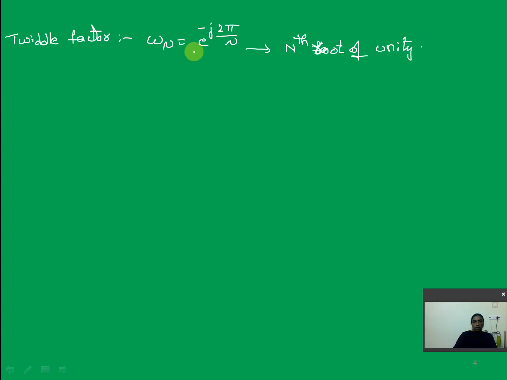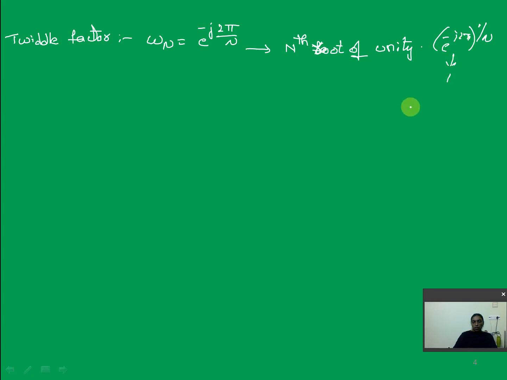Now go to the twiddle factor. What is that? W N is equal to e power minus j 2 pi by N. That means this is also called the Nth root of unity, since it is e power minus j 2 pi whole power 1 by N, which means the Nth root of e power minus j 2 pi.